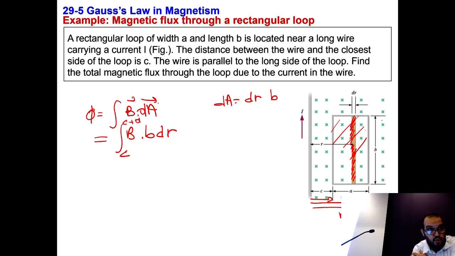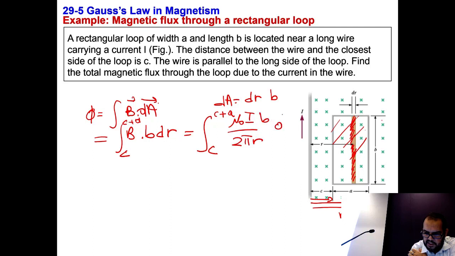Now I need to put in the equation for B. The flux is the integral from C to C plus A of mu 0 I divided by 2 pi R times B dr. Can I integrate 1 over R?